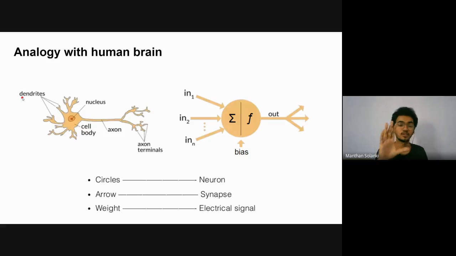If I am watching a phone, the image of the phone is captured by my eye, the input signals go to my visual cortex, and then the neuron fires and sends output to the next neuron. If the nucleus gets enough electric signal, then and only then it will fire and send a signal to the next neuron.